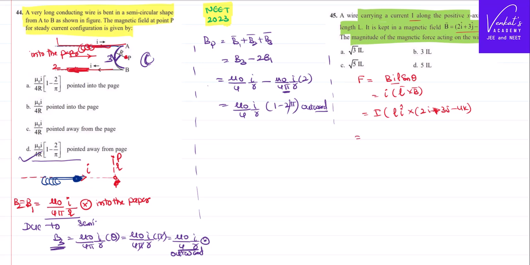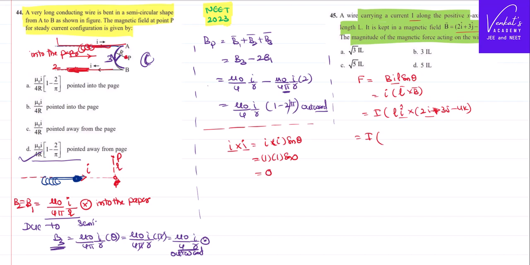Now i cross i is 0. How do you find the cross product? i cross i means i sin theta. The magnitude of i is 1, that's a unit vector. The angle between similar vectors is 0, and sin 0 is 0. So that is equal to 0.